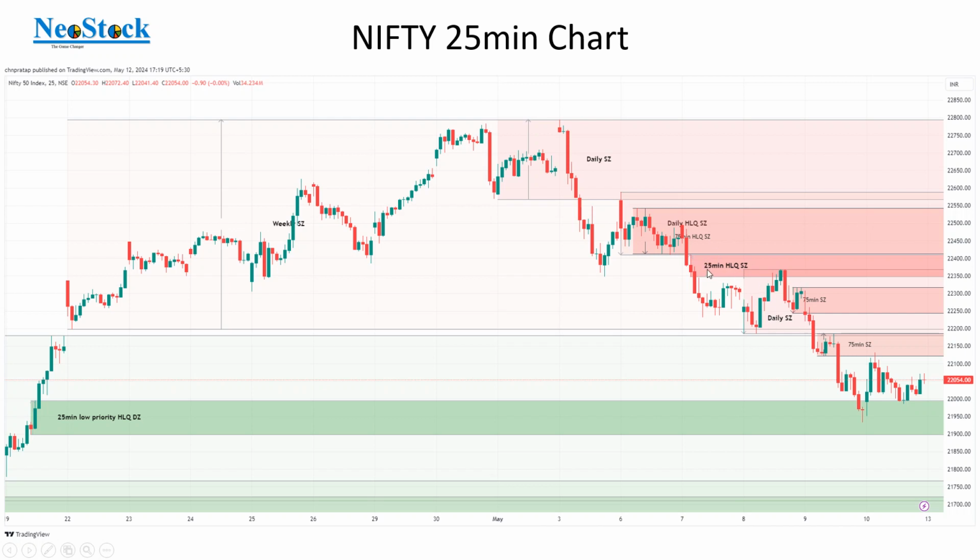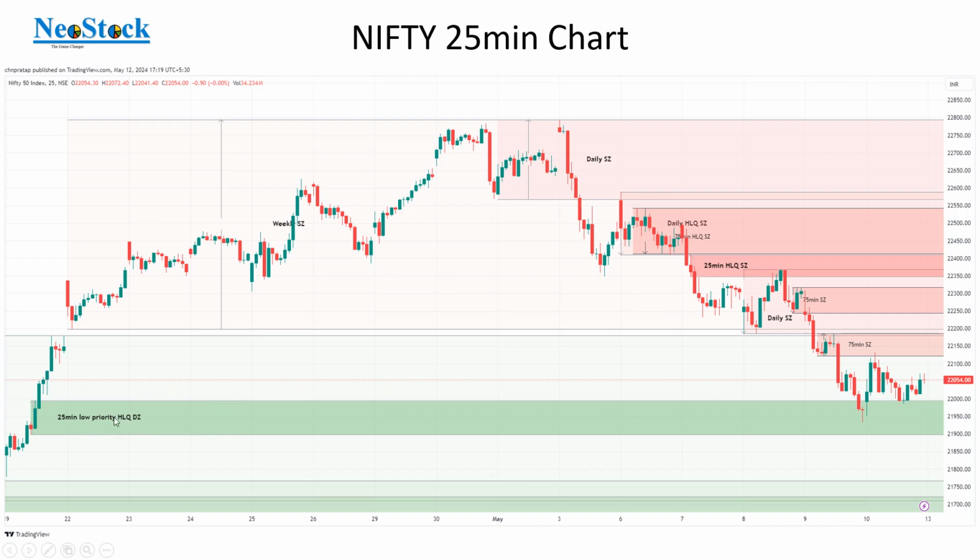This is the strategy we already discussed recently. And recently we are seeing a lot of examples based on this new strategy. It is a new strategy we have identified. Such kinds of zones many times give good returns. So that's why it is important, even though it is a high liquidity zone. And what about this 25 minute low priority high liquidity zone?